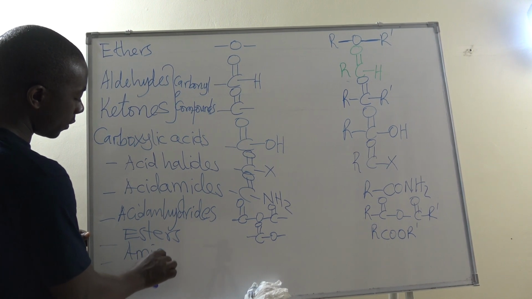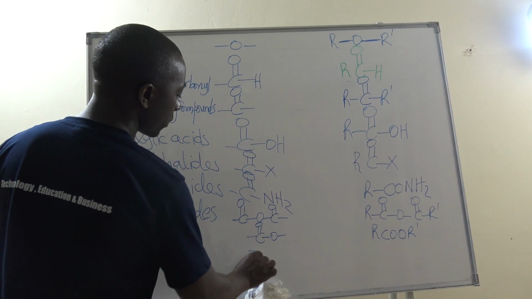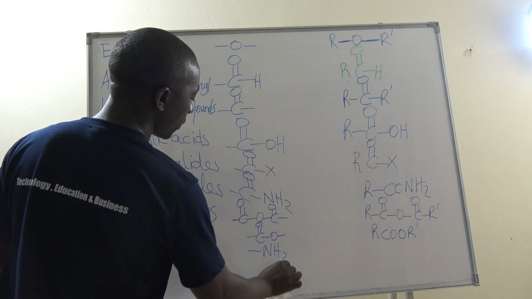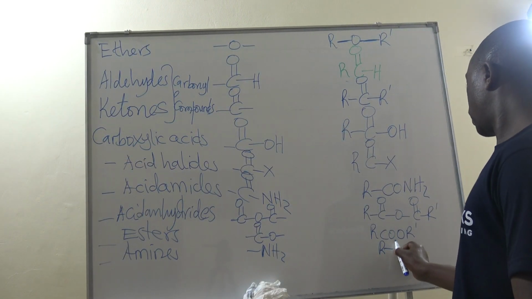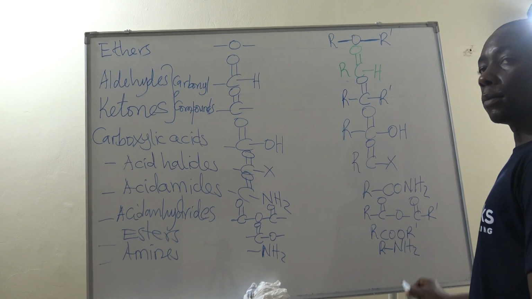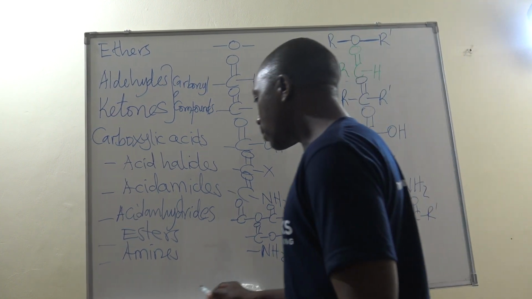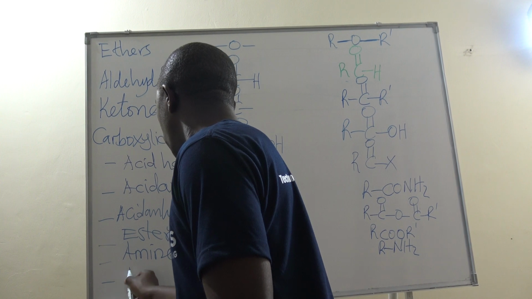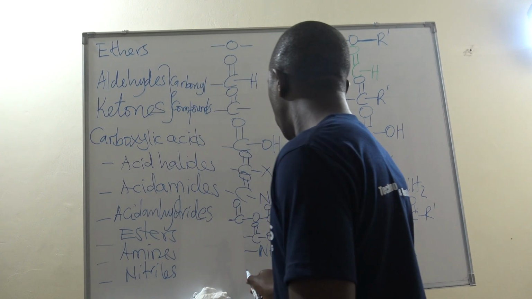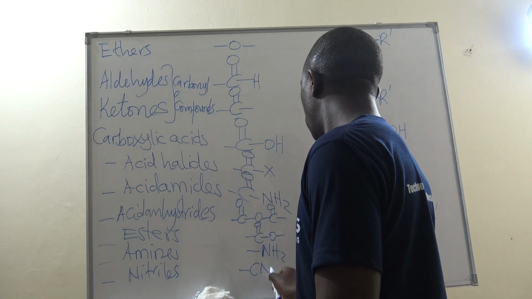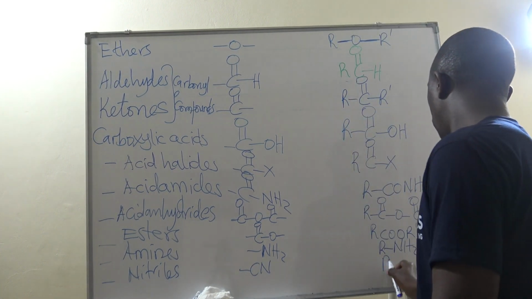From esters, we go to amines, which have a functional group of that one, and an example could be that. Then you can go to nitriles, which have a functional group, that one, and an example could be this.